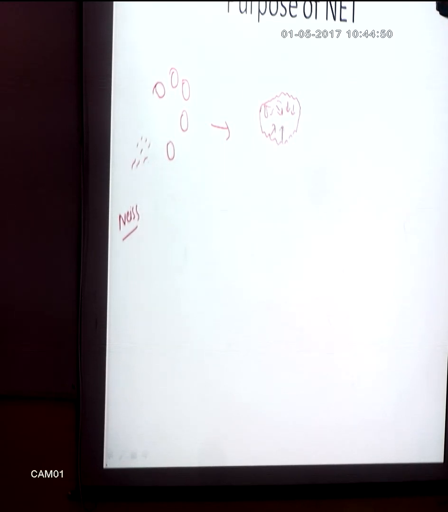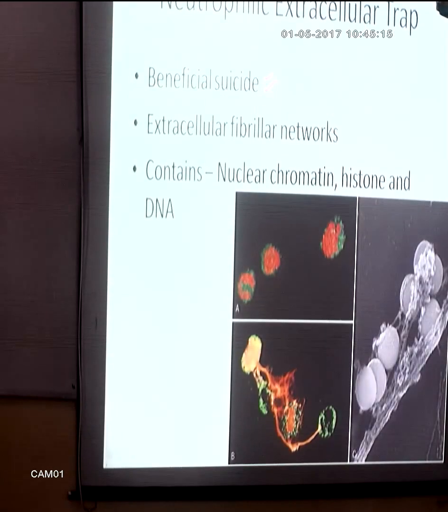So all this Neisseria will be trapped like a spider's web, which makes it easy for the neutrophils to kill. That's why it's called a beneficial suicide. It is beneficial and it undergoes suicide.